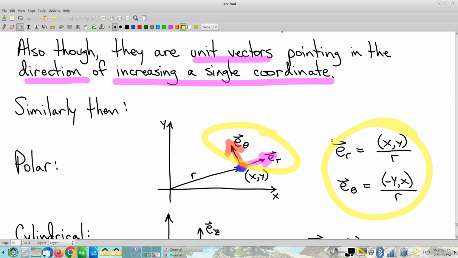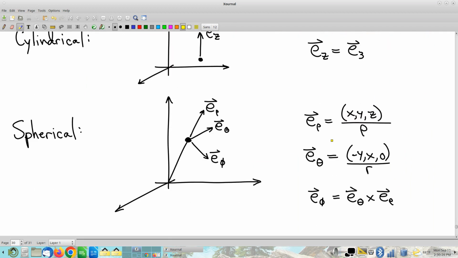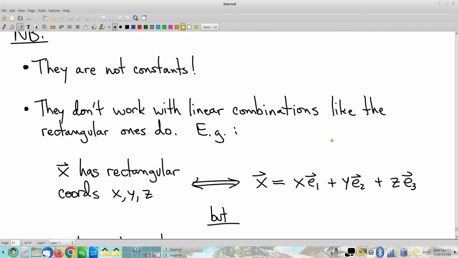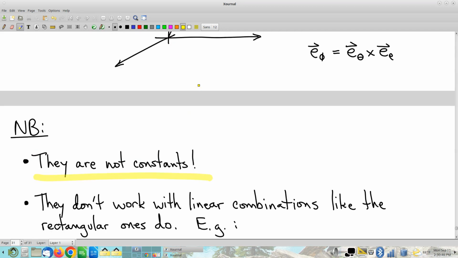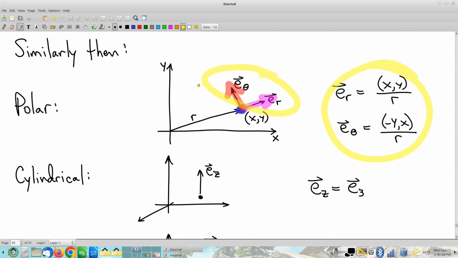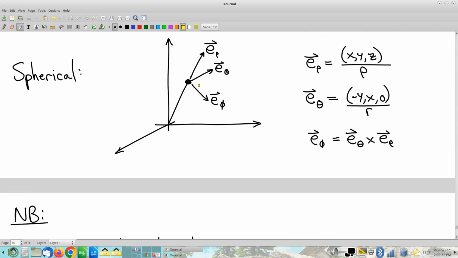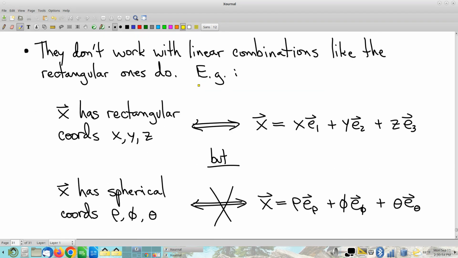All right. Okay. So likewise cylindrical, likewise spherical, and we're just not going to do that much with them. So I'm going to point out very quickly: again, rectangular coordinates are great. Other coordinate systems have some disadvantages. You'll notice from this picture, the standard basis vectors are not constants like they are in rectangular. You don't get nice, convenient relationships like you do here.